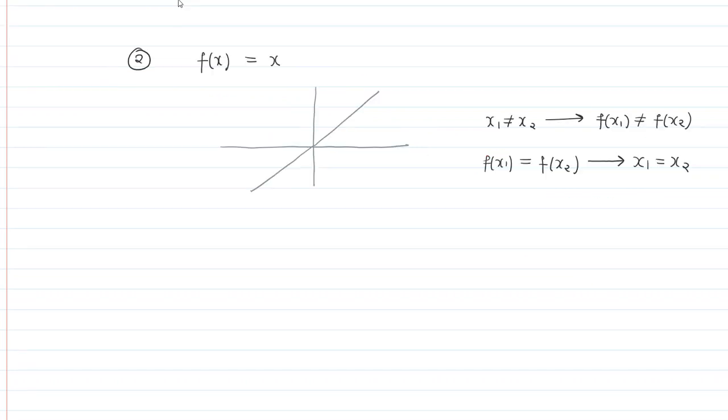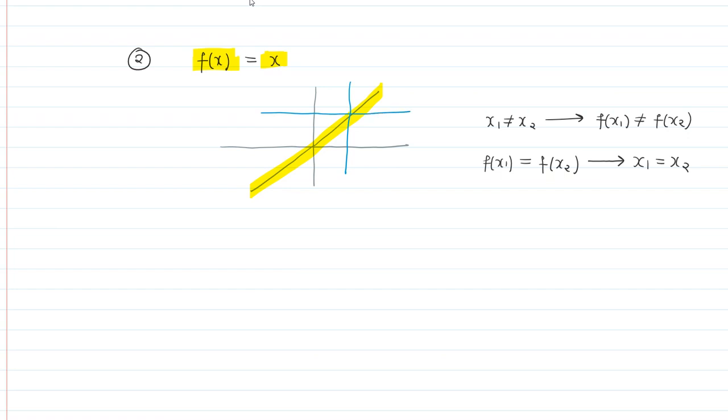Now let's look at the graph of f(x) = x, and you can see this straight line. This is a function because it passes the vertical test, and it is a one-to-one function because it passes the horizontal test.